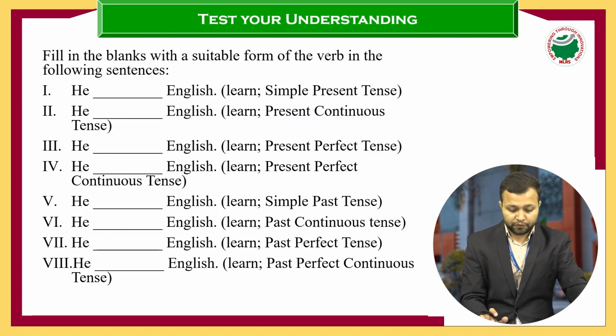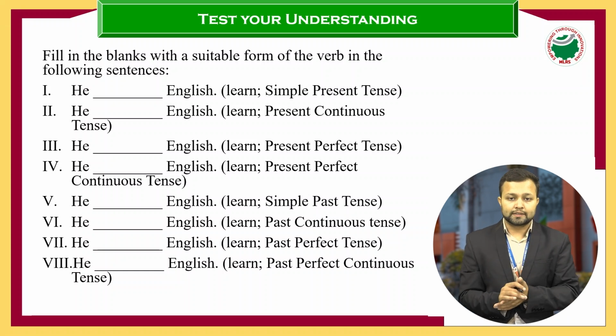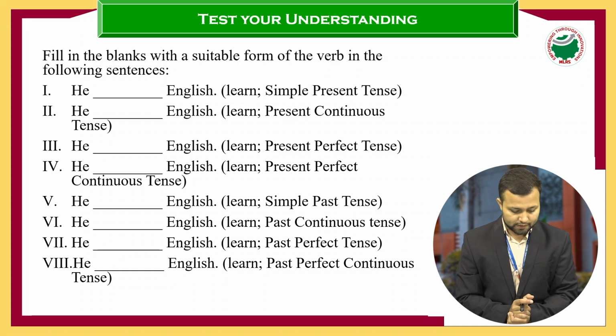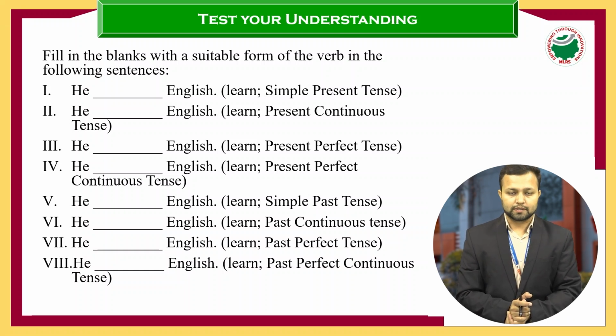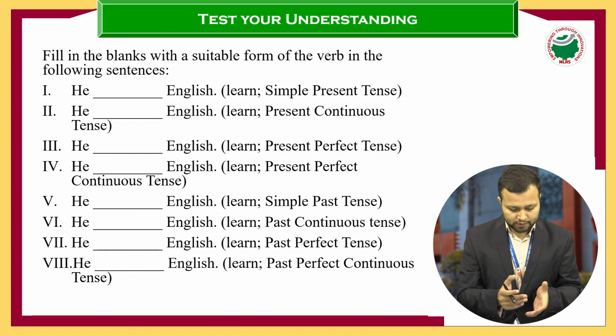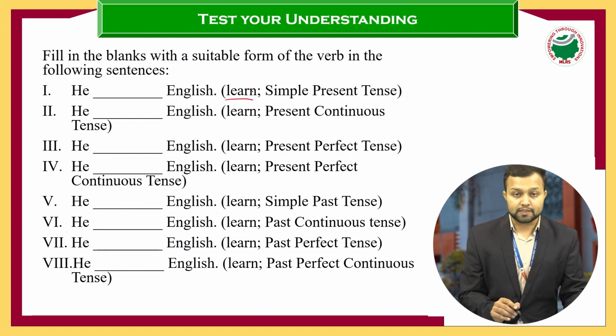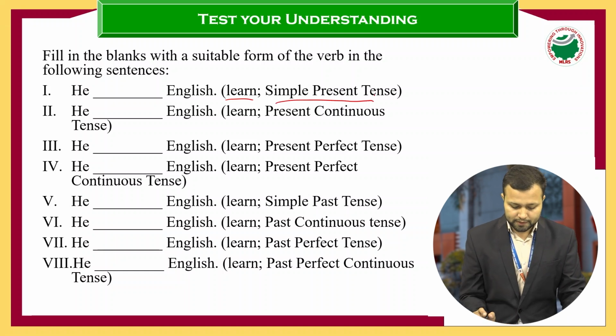So, before discussing the uses, let us recall the exercise, or let us solve the exercise which I gave in the last class. The first sentence: he blank English. This is the structure of all the sentences. The verb to be used is learn in all the tenses. The tense is simple present tense.